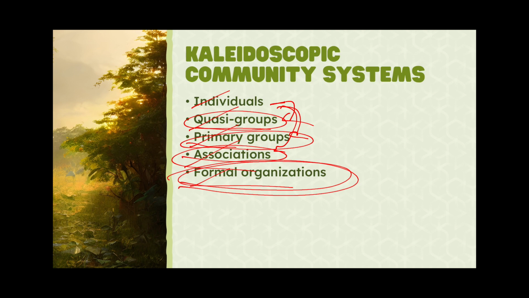And so that's the kaleidoscopic community. Whatever group you are in, whatever systems you are in, there is an opportunity for you to interact and move towards a particular goal. And our goal as organizers is, of course, one, do they know the problem?